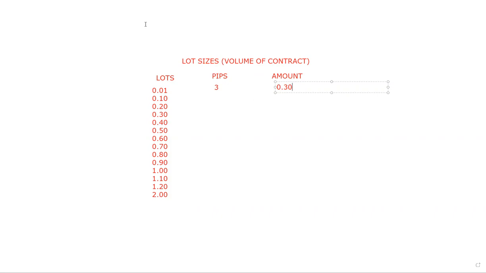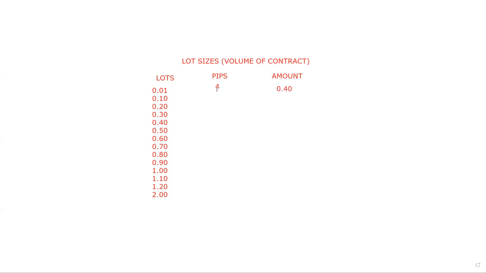Now, if it gives you 4 pips profit or 4 pips loss, that is going to give you how much? 40 cents or 0.40, as in $0.40.